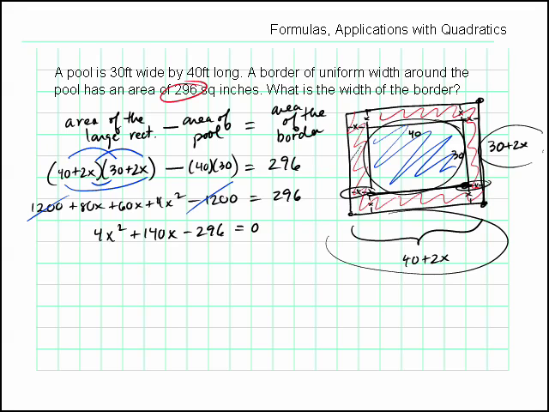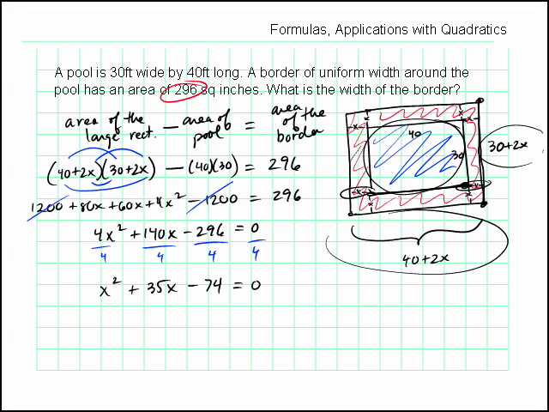I notice that everything is divisible by 4, so I can make these numbers a little smaller by dividing everything by 4, and I end up with x squared plus 35x minus 296 divided by 4 is 74, and that equals 0.